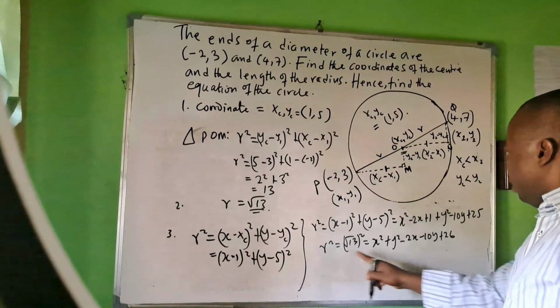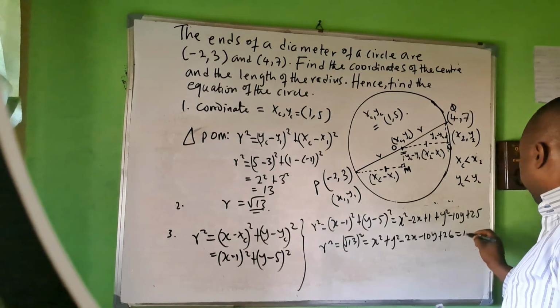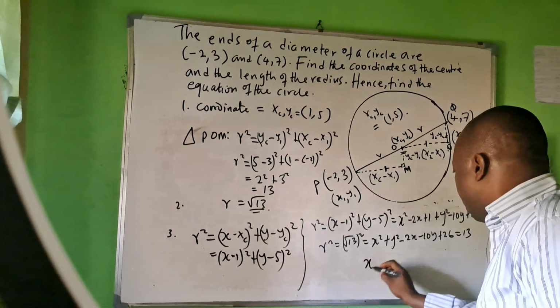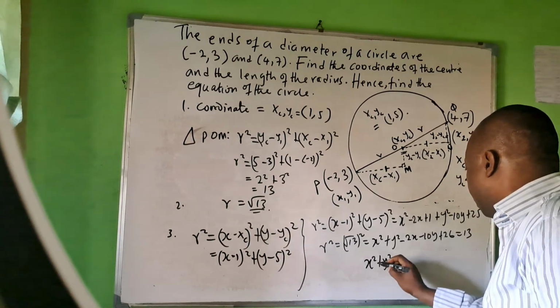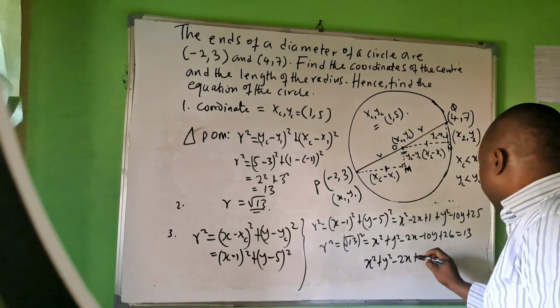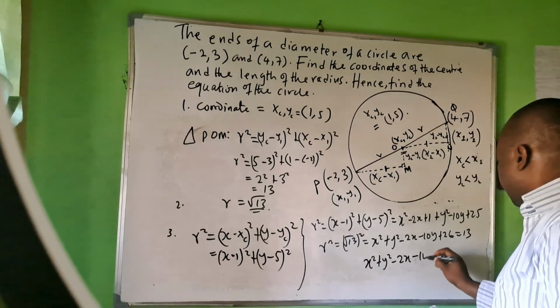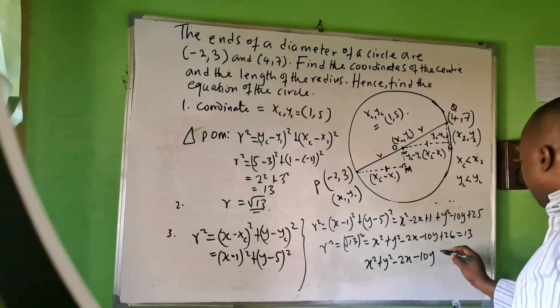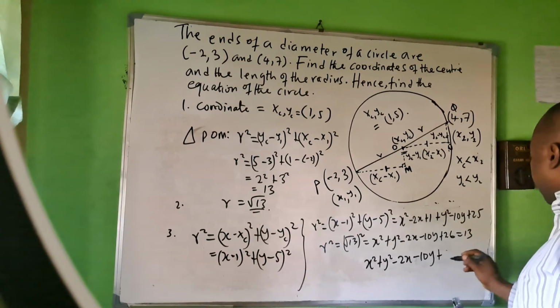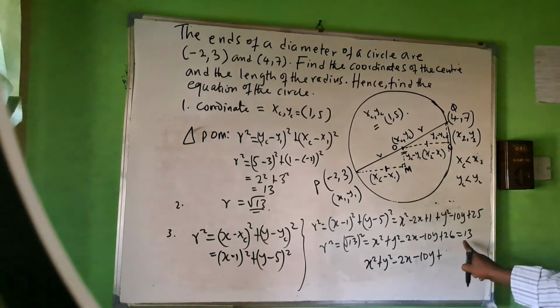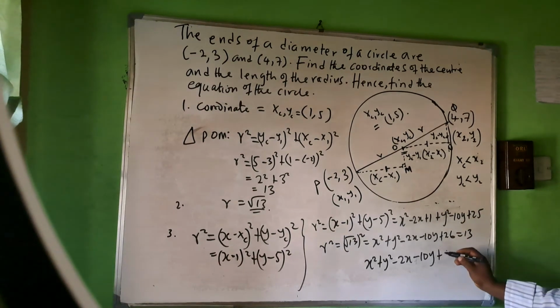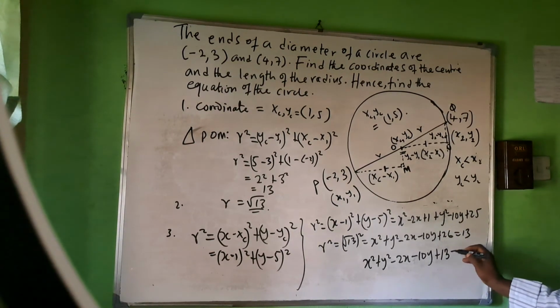So this equals 13. So we're now having x squared plus y squared minus 2x minus 10y plus 26 minus 13, of course the 13 crosses over, and that gives us 13 equals 0.